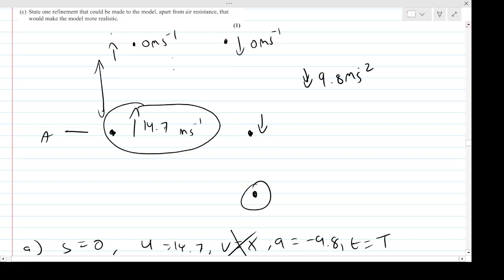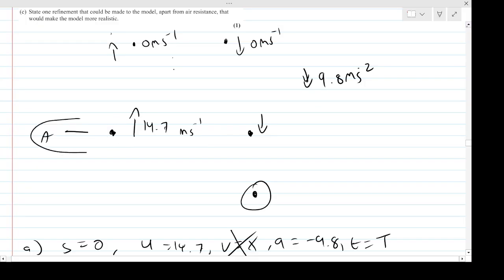We need distance. Distance does not matter what direction we go in. We just care about physically how far we travelled. It's not displacement. Displacement only cares about how far we travelled from the starting point to the end point. It doesn't account for the distance you might have travelled in between. We need to account for that here.